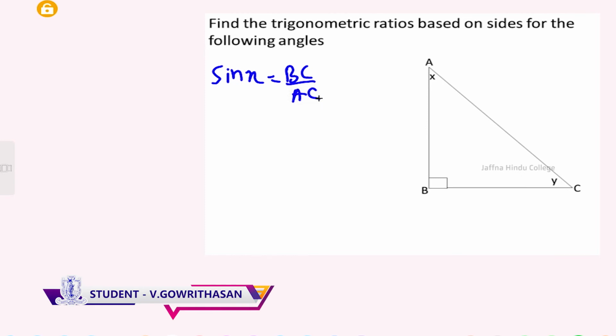So BC by AC. Let's write cos x. Cos means adjacent side by hypotenuse. Adjacent side of this angle x is AB and the hypotenuse AC.